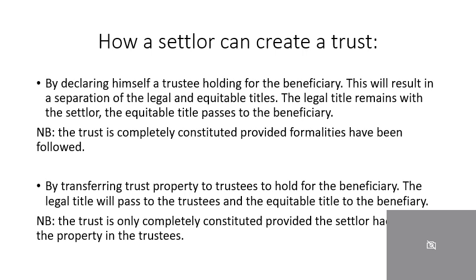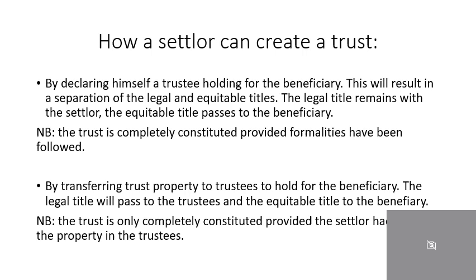So the legal title of those shares remains with the grandfather. However, the equitable title, which has now been separated from the legal title on declaration of this trust, will pass to the beneficiaries, in this case, his grandchildren.